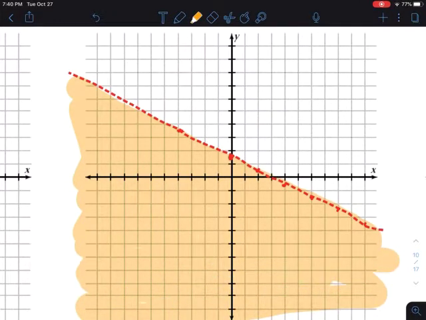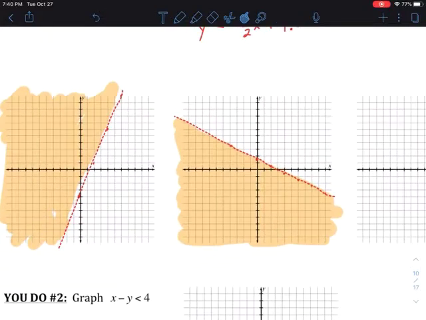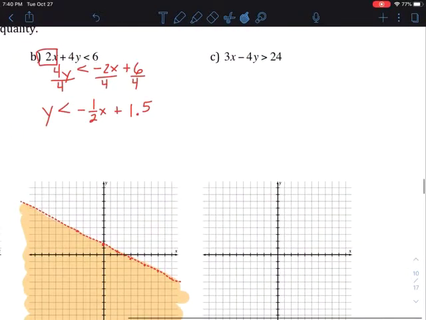And when you're doing your shading, please go to the edge of the graph, as you can see me doing. Okay, and the next one.